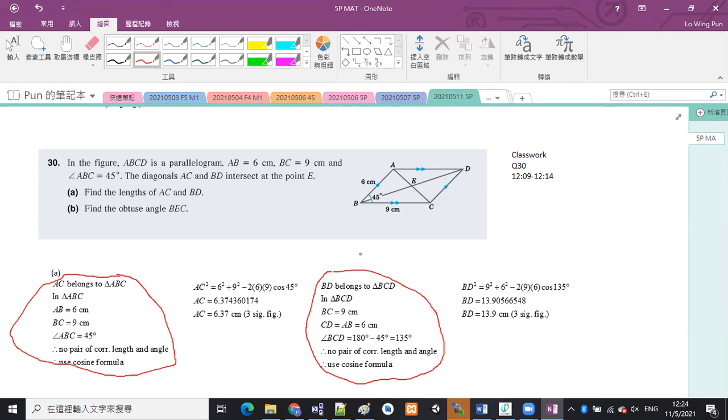So if we have AC, then we just divide it by 2 and we can have CE, right? We have found BD, and then it's divided by 2, and then we have the length of BE. So in triangle BEC, we have all the 3 sides, all the 3 lengths. And then we can use cosine formula to find the angle.